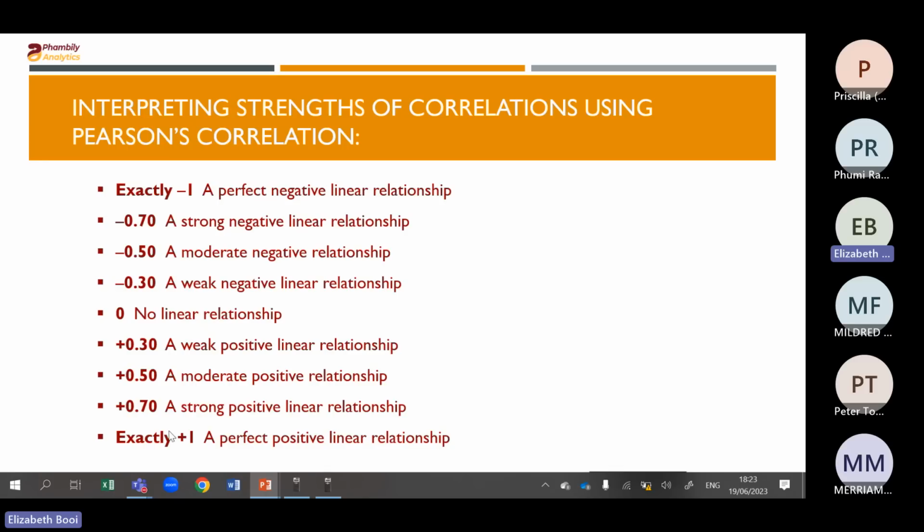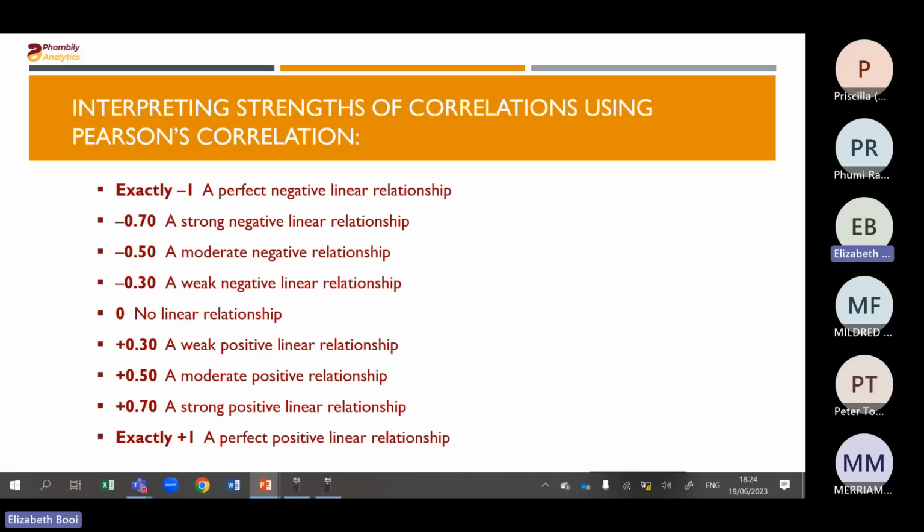And if it's +1, we say it is a perfect positive linear relationship. If it's -0.7, we say it has a strong negative relationship. -0.5, we say it's a moderate negative relationship, and so forth, including when you look at the positive.